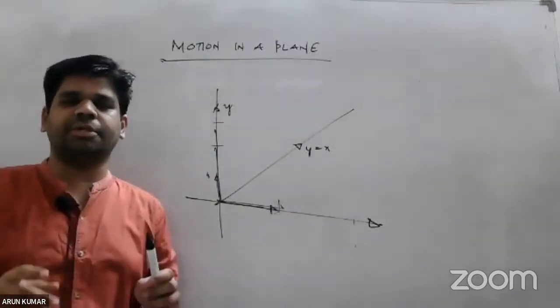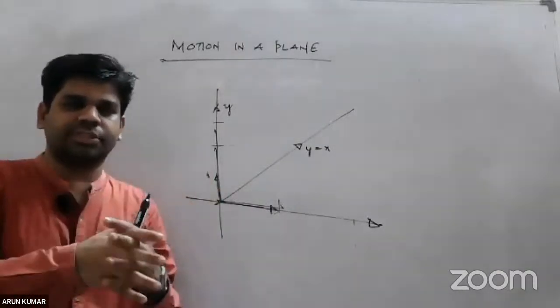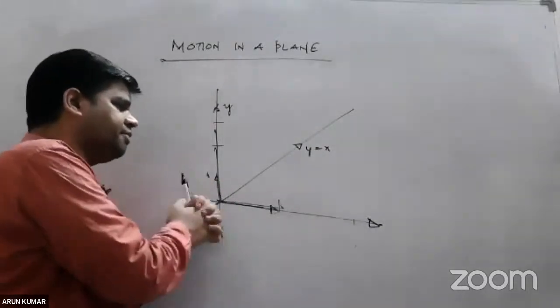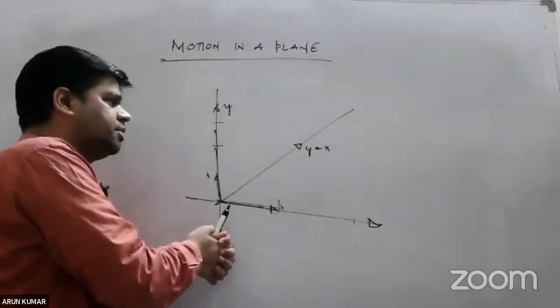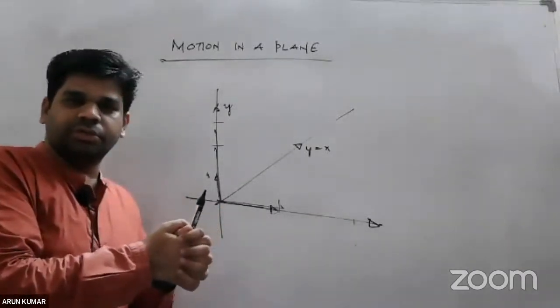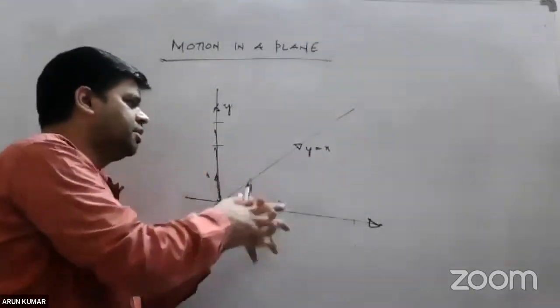Superposition is nothing but combining two motions. I superpose two motions which are perpendicular to each other and independent of each other, combining these two to get the resultant motion.